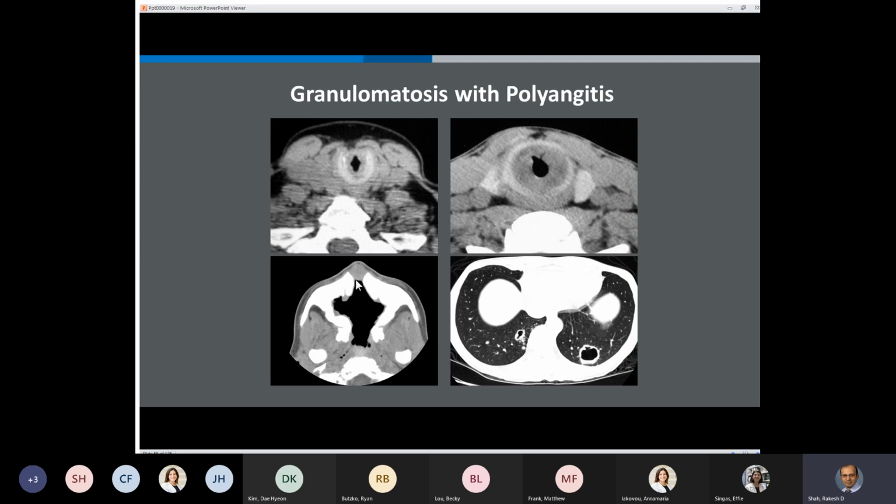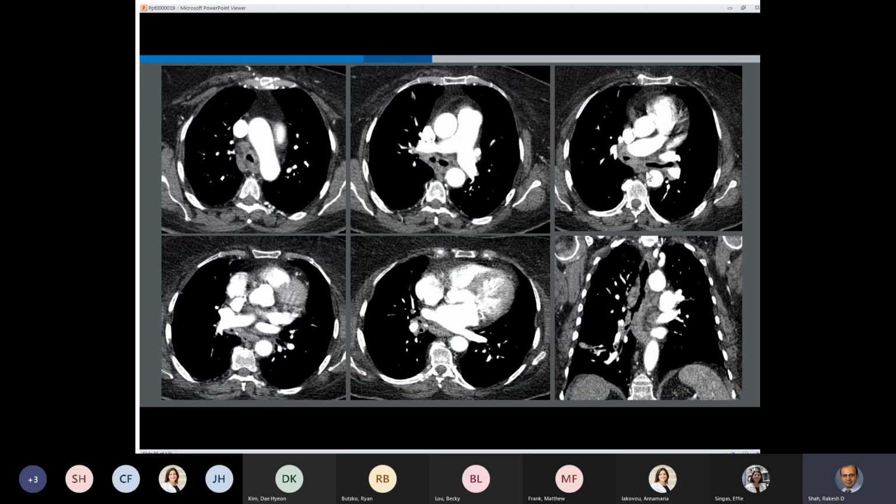Normally you should have a nasal septum, but the nasal septum is destroyed here. And as I mentioned, you can also have nodules. Sometimes they can cavitate as well. So those are some imaging features of granulomatosis with polyangiitis. Here's a different patient, pretty significant circumferential thickening, causing some airways to be narrowed, extending into the bronchus intermedius as well.